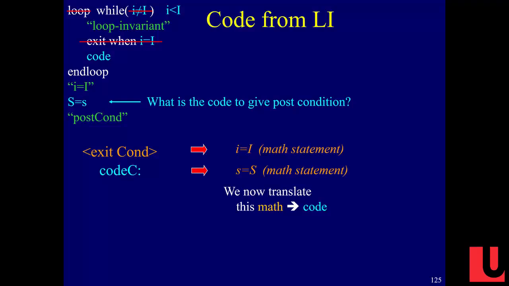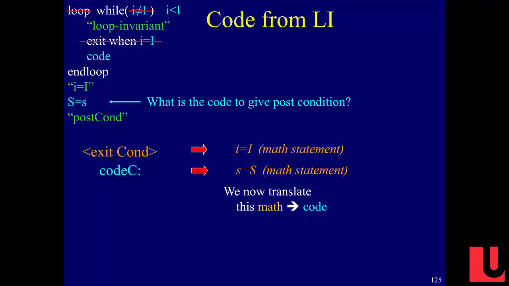So we don't have capital S. If I tell you, you know little s, you don't know capital S. What code do you need to make little s equal capital S? Well, you make capital S equal little s.